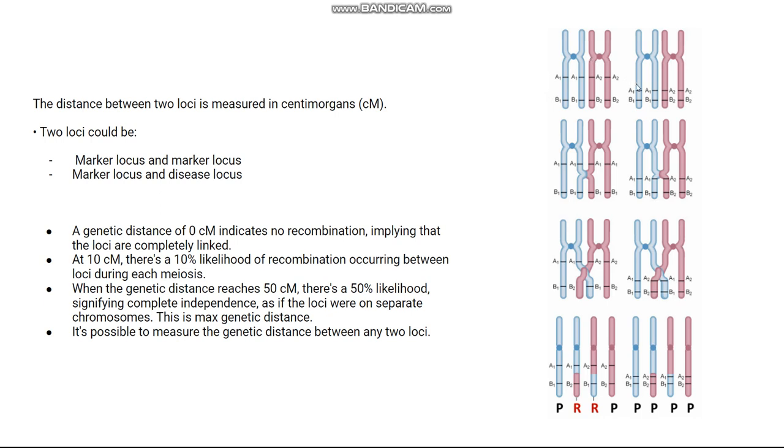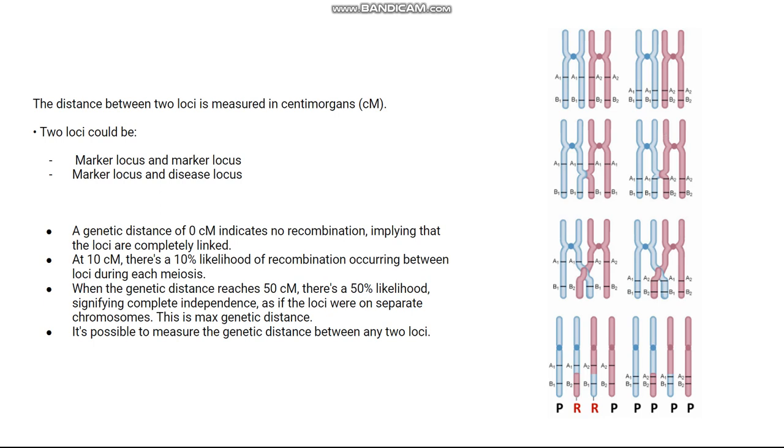If you look to the right, if there is only a little distance between the two loci, it is unlikely for recombination to happen, and the alleles will get inherited together. So this is linkage, meaning that these loci or genes are linked together when they get inherited.